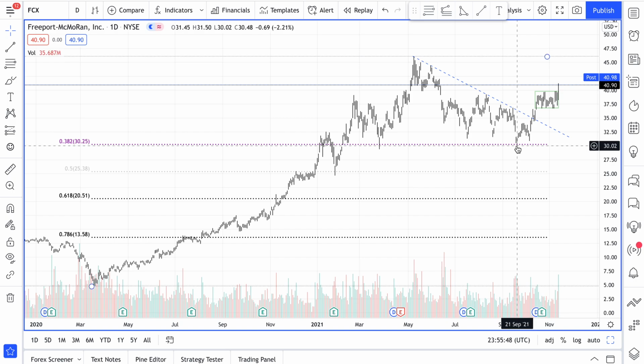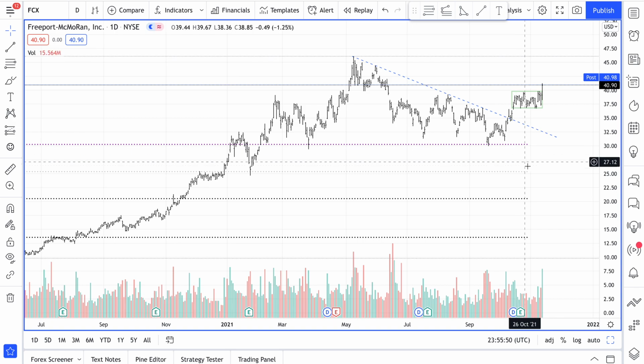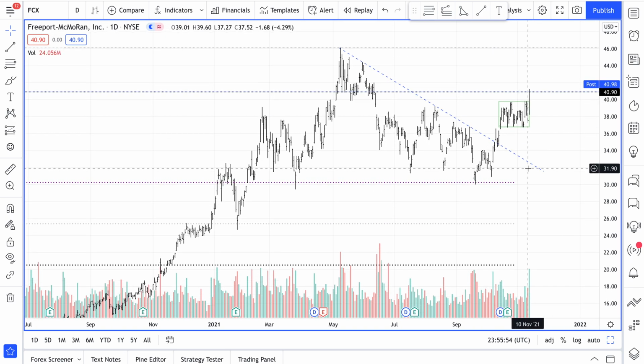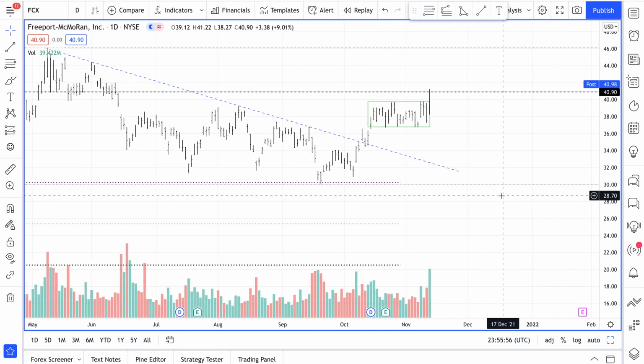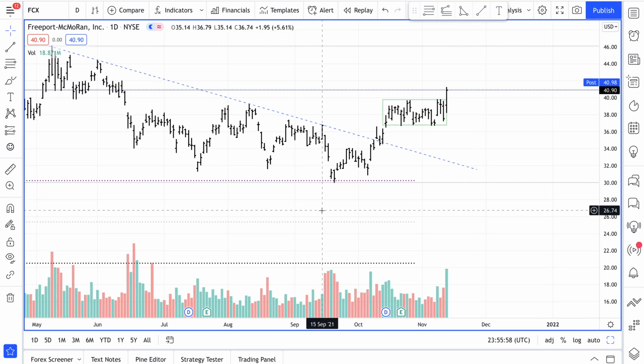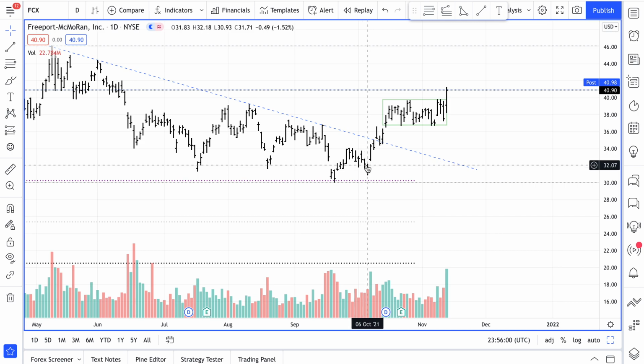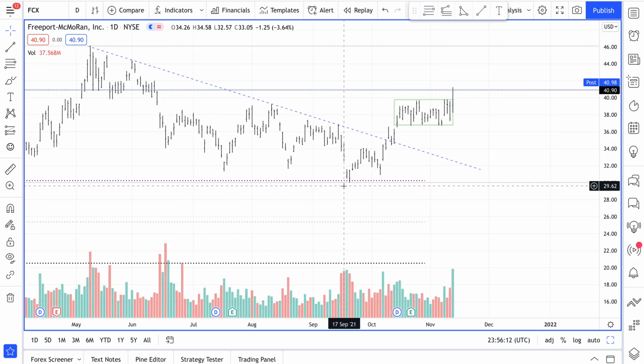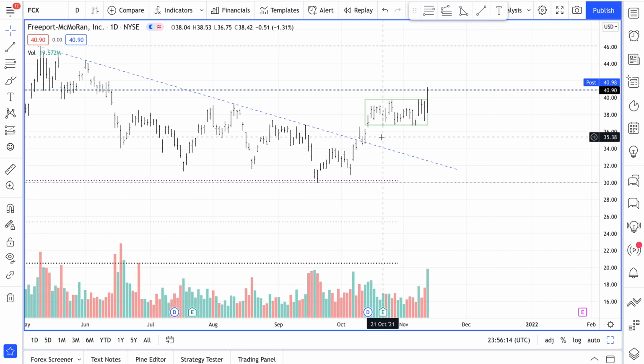The price hit this level, and it seems to have found support from this level of Fibonacci 38.2% retracement. It moved higher, it tried to retest this level, formed a higher low, which we can also call a double bottom in my books. This is a double bottom, and then it began to move higher.